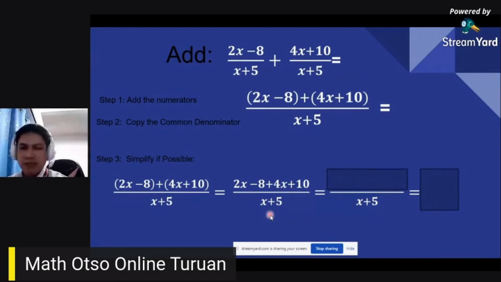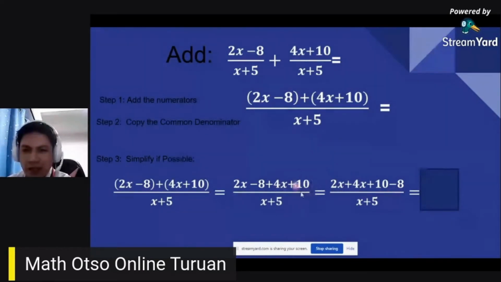Then what's next? Take a look at this one: 2x plus 4x. We put the similar terms together, the 2x and the 4x. And then we have 10 minus 8, the constants positive 10 and negative 8, which we also put together to make simplifying easier later, all over x plus 5.